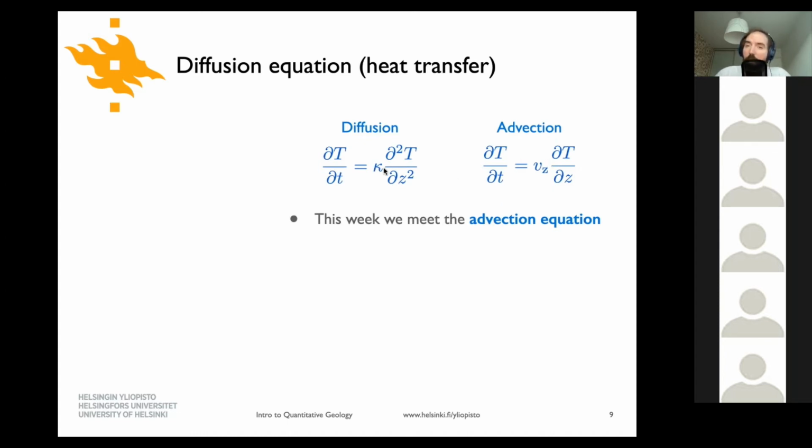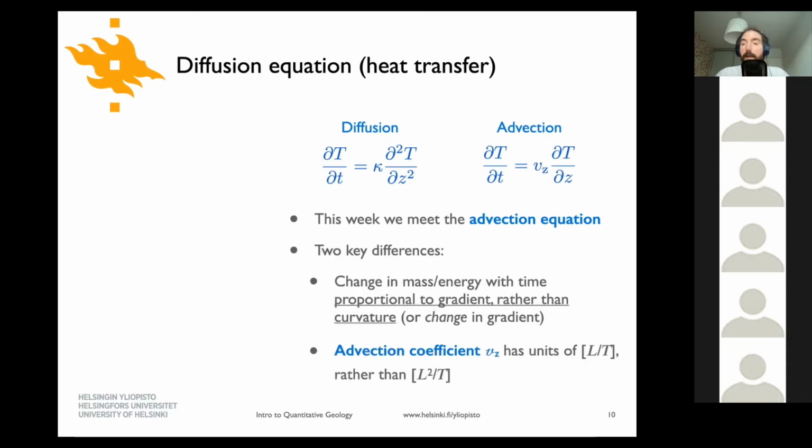So looking at these two side by side, you can see that they're somewhat similar, yet importantly different constants. So we had kappa here. Now we have some velocity vz, and we had a second derivative here for our gradient term, and it's only a first derivative for the advection equation. Basically, that's spelled out right here.